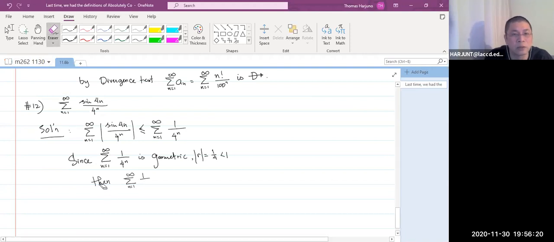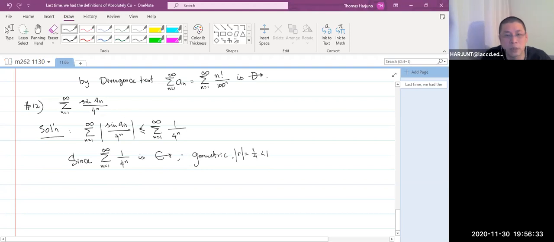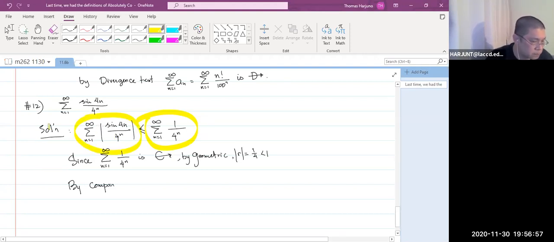Maybe I should say it this way. This is convergent because by geometric series, r is 1/4, which is less than 1. By comparison test, actually, is it by comparison test? I want to argue that because this is convergent, that this is convergent. What test is that? That's comparison test, right?